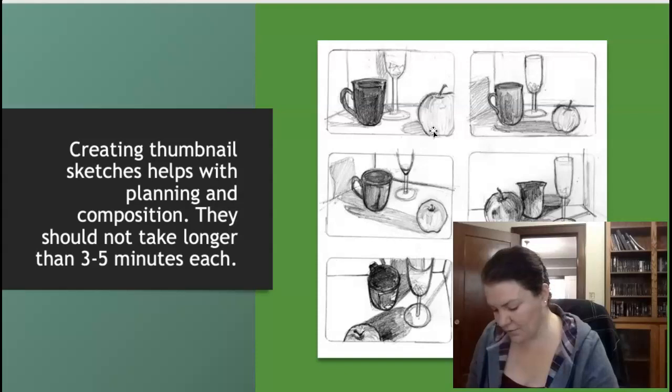But then if I decided, okay, I thought that that was too big, so now I'm going to draw it a little bit smaller, and I'm going to draw it on a landscape format.